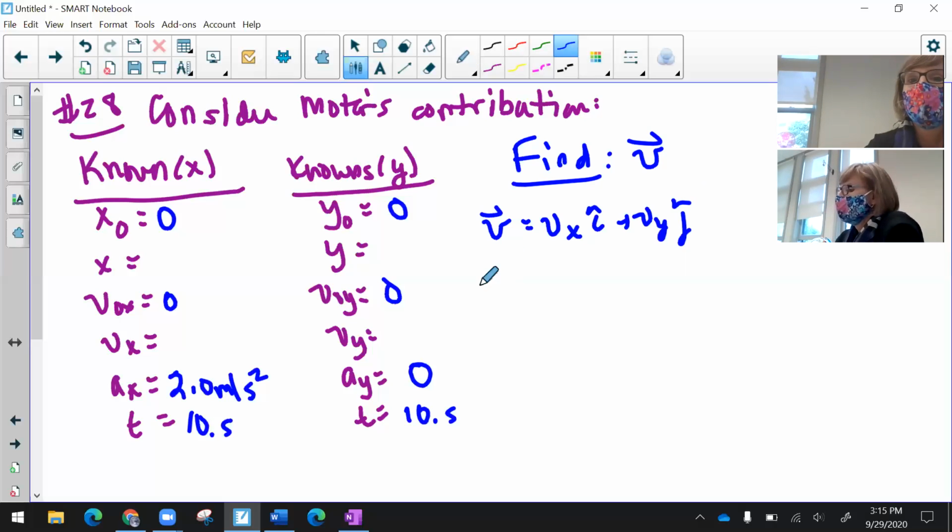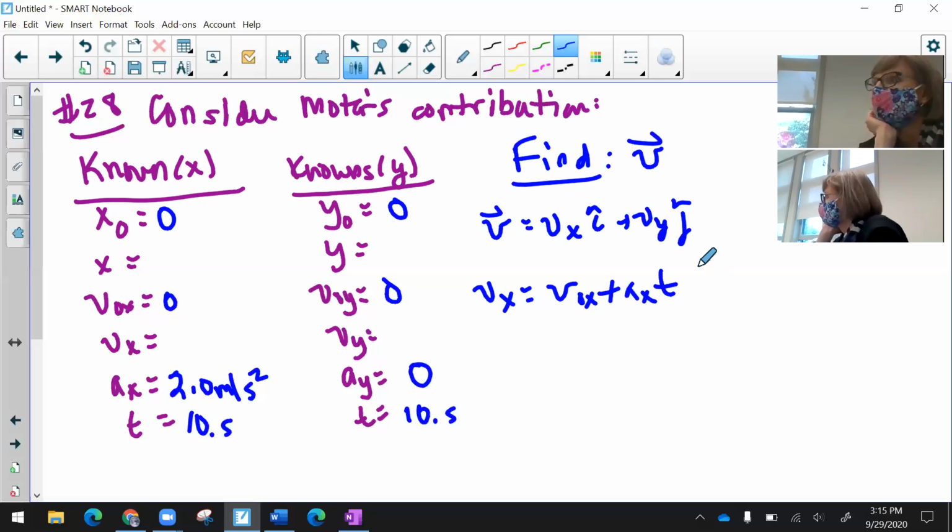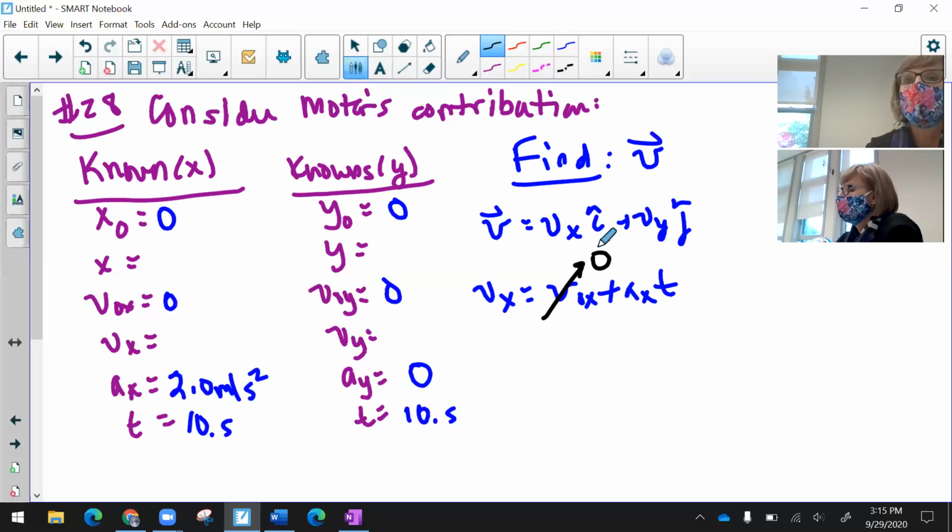Sounds good to me. We know that V0x is 0, right? Because it's starting from rest. So that means Vx is equal to axt.